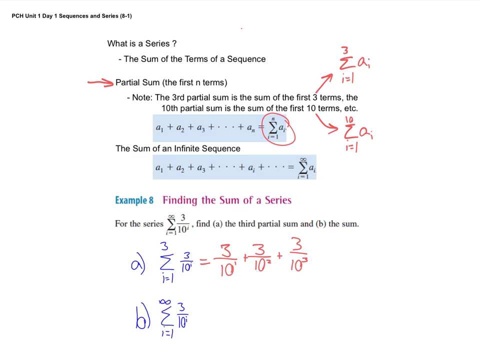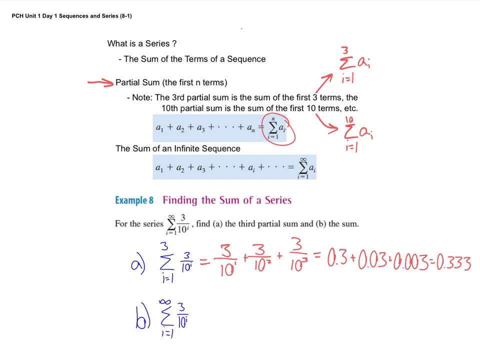Okay? So let's think about this. 3 over 10 is just 0.3, right? What's 3 over 100? 0.03. And 3 over 1,000? 0.003. Okay? So you put that together and you get 0.333, right?